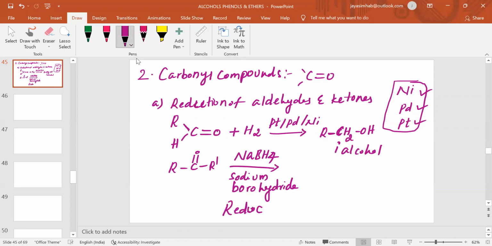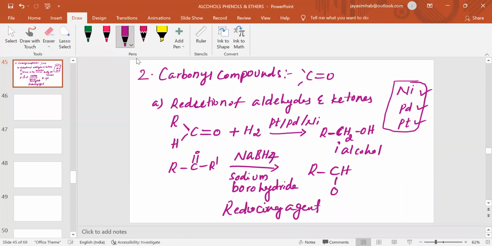Reducing agent means the agent or the chemical species which will reduce the compound. So how is it reducing? By donating its hydrogens to the respective ketone. So what will happen here? The ketone group will become an alcoholic group.